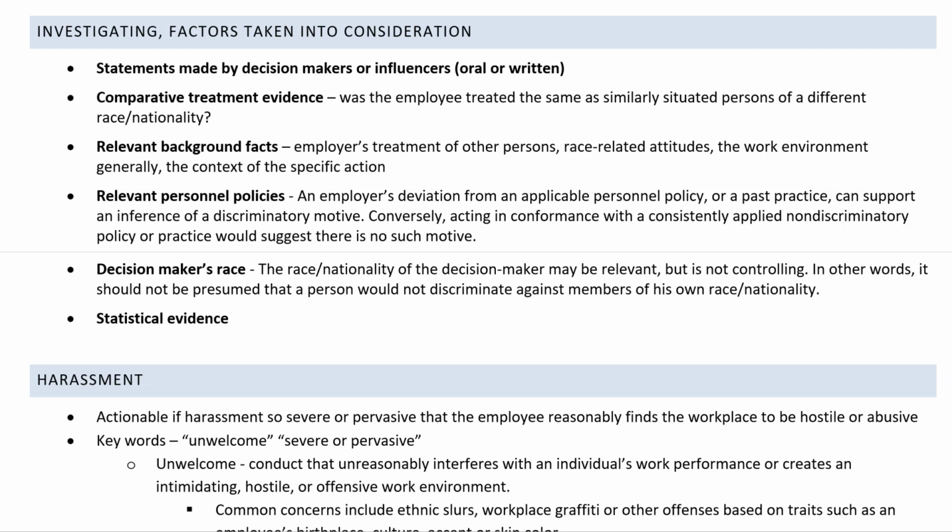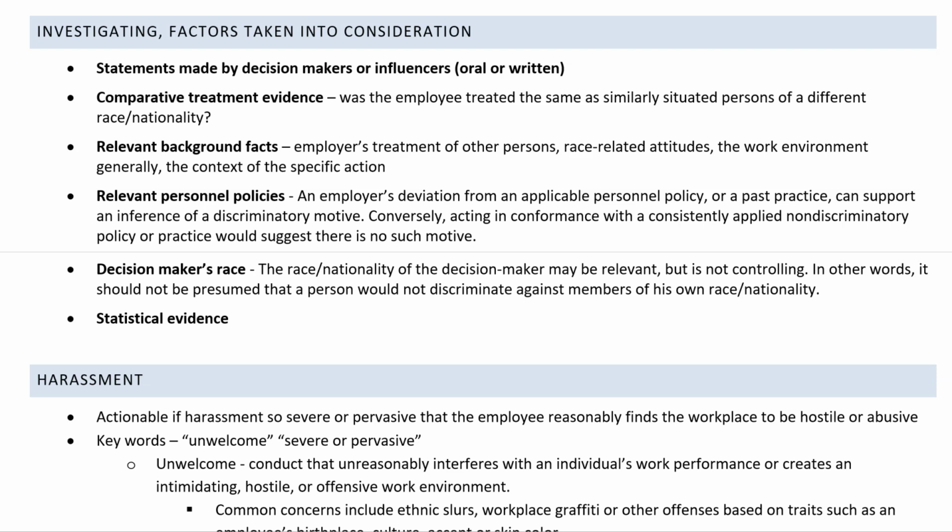We can also look at relevant personnel policies. So an employer's deviation from an applicable personnel policy or past practice can support an inference of a discriminatory motive. So if I have this personnel policy in our company policies and I deviate from that, that could support this presumption or this inference that there's some type of discriminatory motive at play.